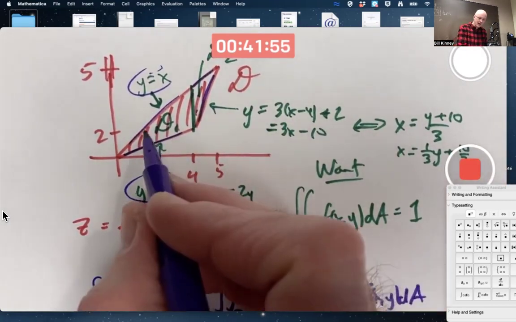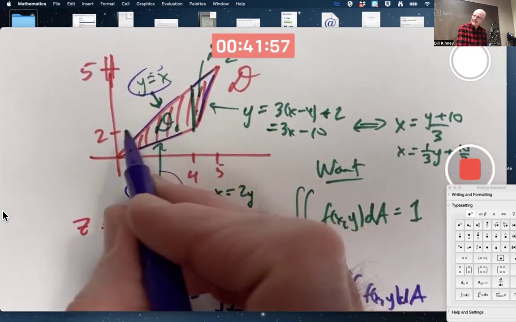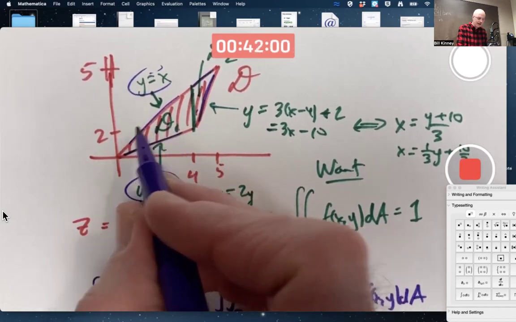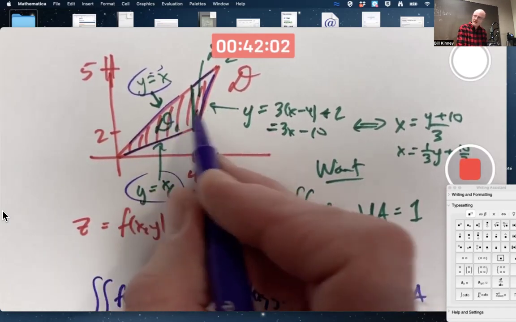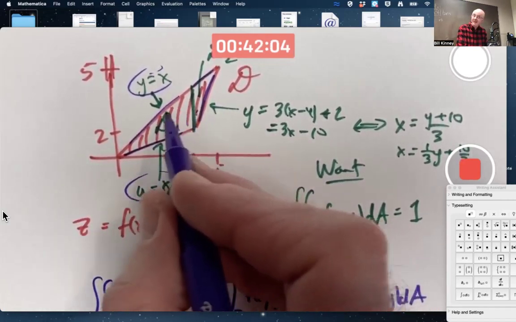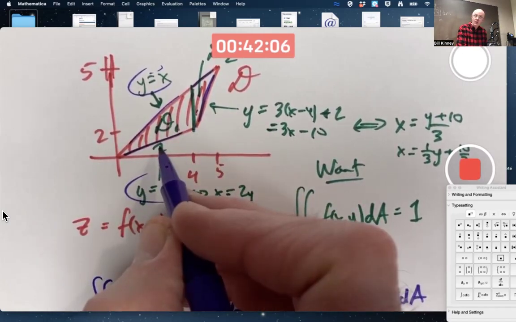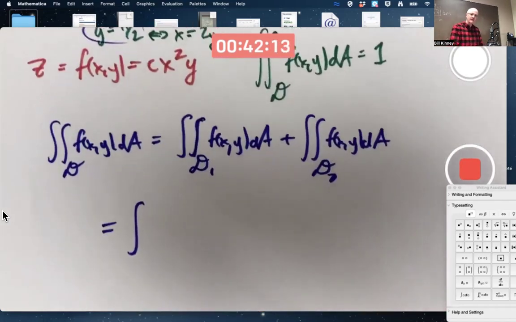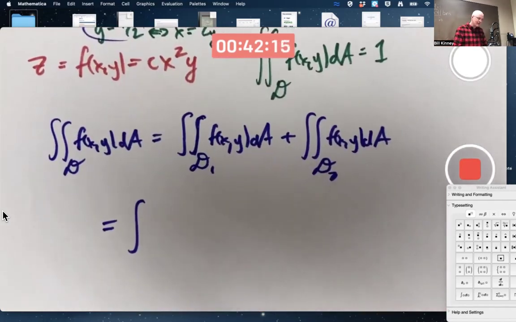We could break it up another way. We could break it up with a horizontal line like this and think of it as regions between two graphs of two functions of y instead. And you do want to have the flexibility to do such things. In that case, you would do dx dy. In this case, we want to do dy dx.